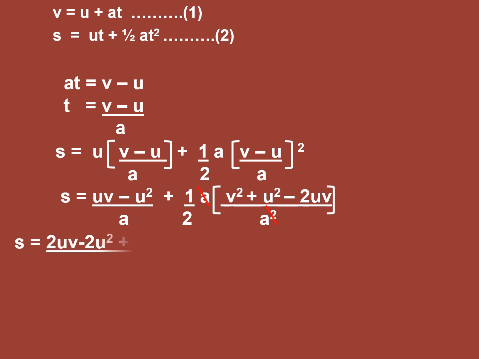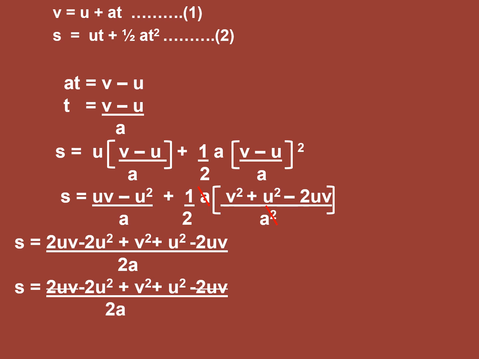Taking 2a LCM, we get s equals to (2uv minus 2u square plus v square plus u square minus 2uv) upon 2a. Cancelling terms 2uv, solving the terms and taking 2a to the left hand side, we get the third equation of motion, 2as equals to v square minus u square.